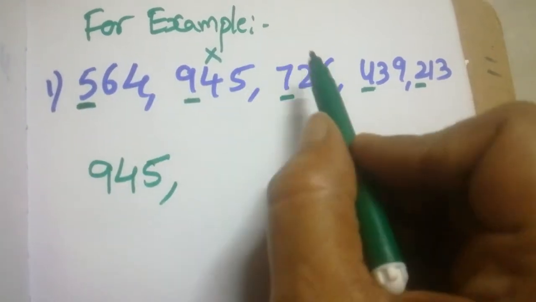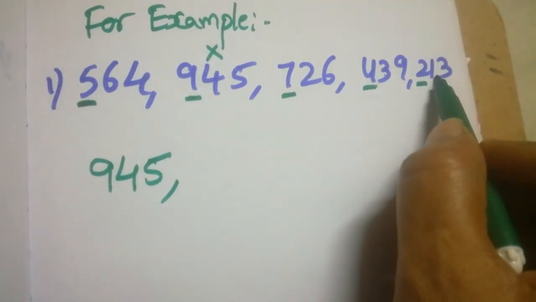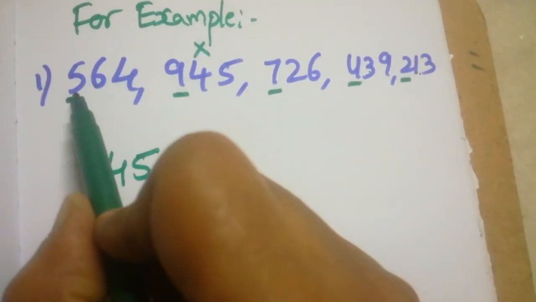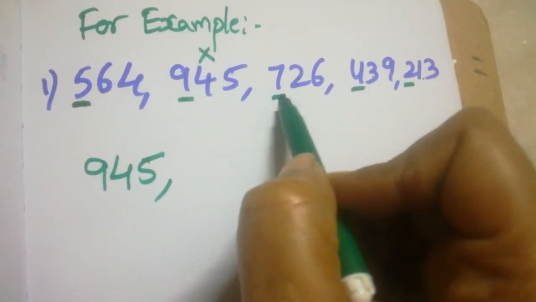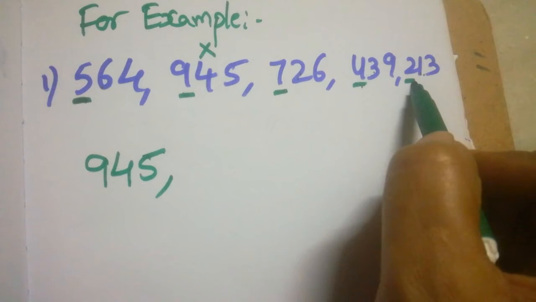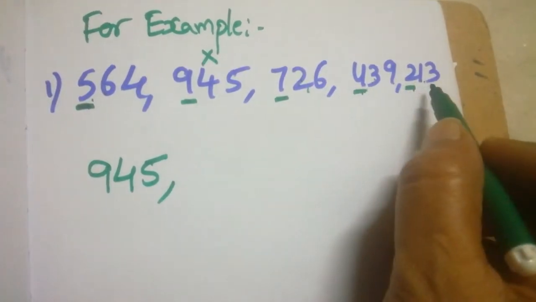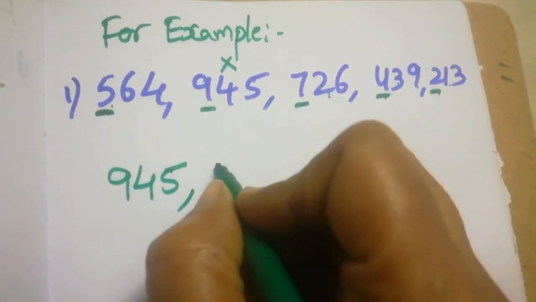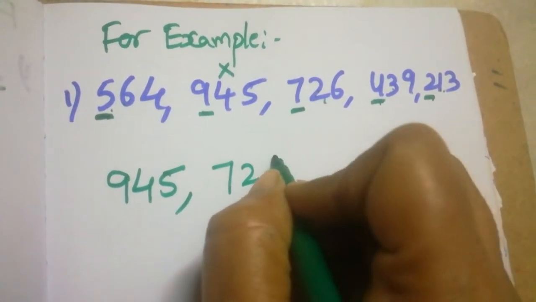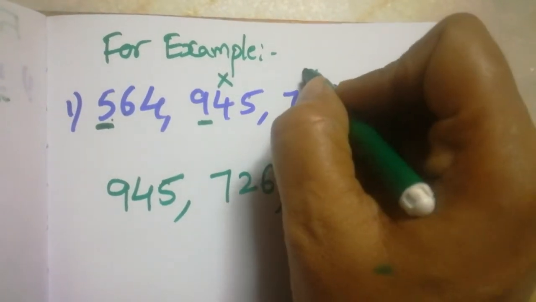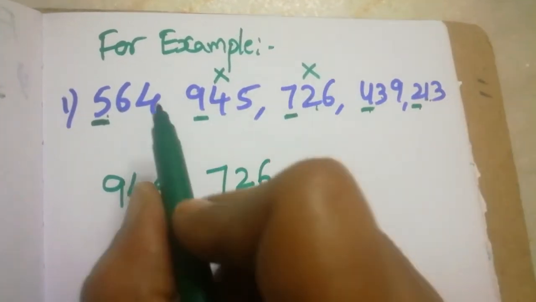Now we have to compare remaining 4 numbers. If you compare remaining 4 numbers, we have here 5, 7, 4 and 2. So which is the greatest or biggest number in this? 7. So 726 you have to write next. So now 726 is completed.